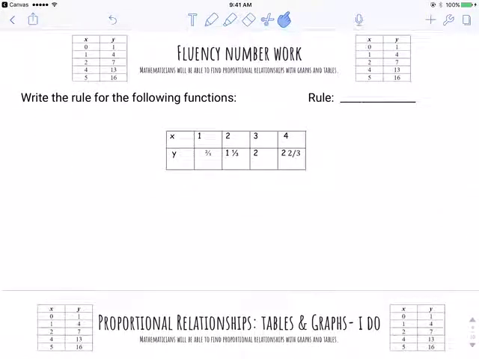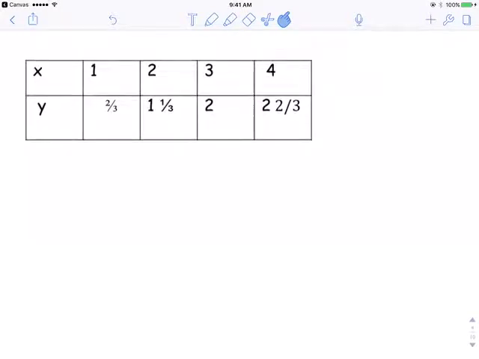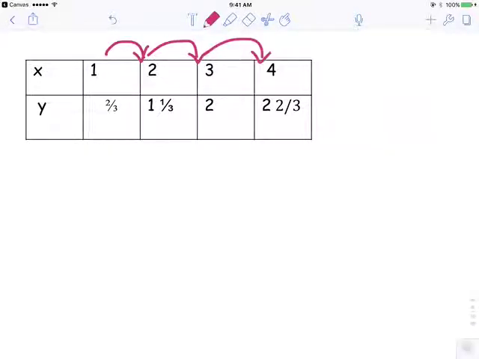So I'm looking at fluency and number work. This is a review on something we've done earlier this week. Write the rule for the following function. So if I'm looking at this, it's like those sequences and patterns. I want to find a rule when I go across the top. And I want to relate that to going across the bottom.